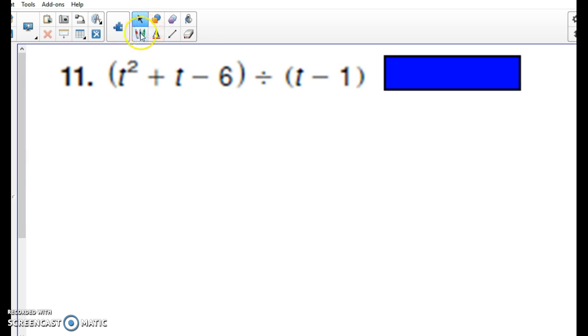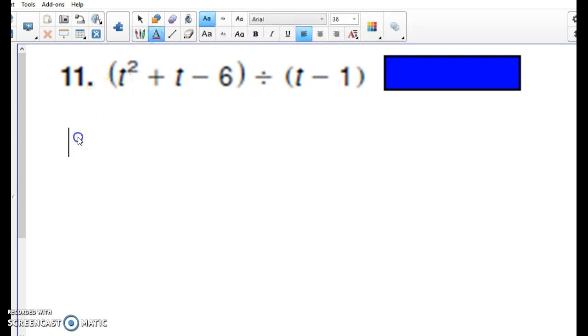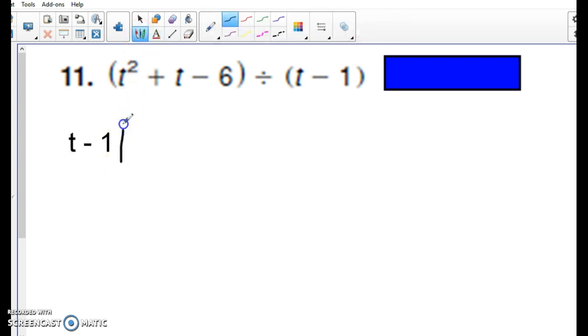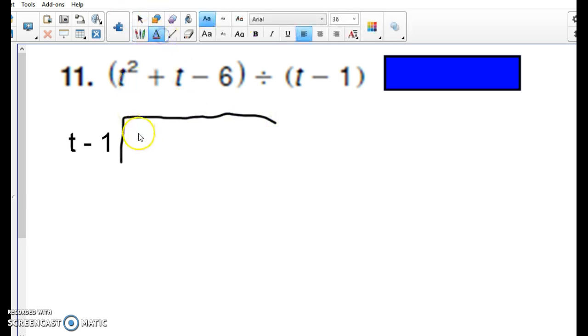Okay, so this problem you pretty much have to do like how I just set up that problem. There's no other way that I can think of. If someone else can think of a way that's different or do it like that, great. But the book explains it like this, and I haven't found another way to really think about it. So in here I have t squared plus t minus 6, divided by t minus 1.